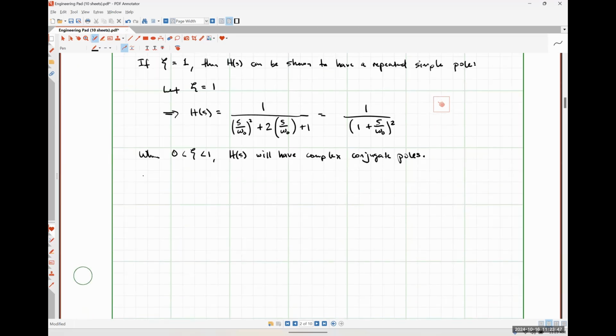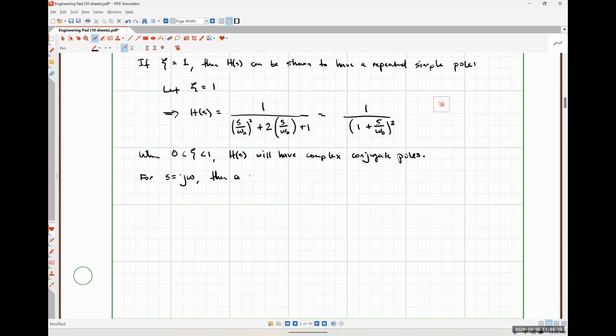So for s equal to j omega, and again, we're just throwing away our sigma because we're only concerned with the frequency response, which is dependent on omega.